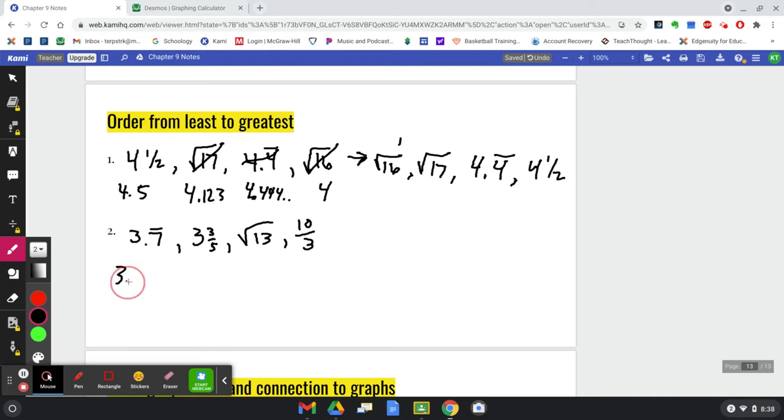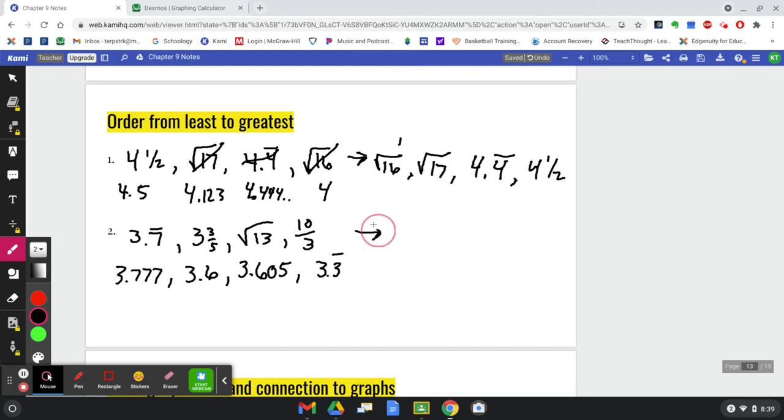Similar here, 3.777. 3 3/5 is going to be 3.6. The square root of 13 is going to be 3.605, which is a little bit bigger than 3.6. And then 10 thirds is going to be 3.3 repeating.